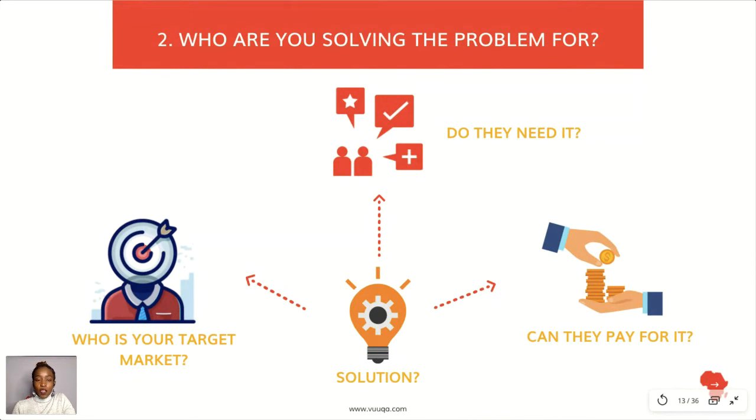You need to find out who's going to pay for it, because this is going to impact your income, your pricing, and the sustainability of your business. So key questions, even before you start getting into whatever space you want to, please just find out, who am I solving this problem for?